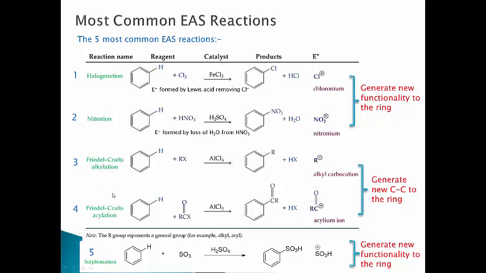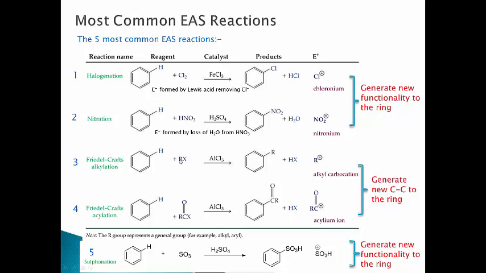So the last two reactions generate new carbon-carbon bonds. They're the Friedel-Crafts reactions, and we've got an alkylation and an acylation. The alkylation is adding an alkyl chain, some sort of carbon chain onto it, and an acylation is adding a ketone carbon chain. So let's have a look at the alkylation first. Our catalyst in the Friedel-Crafts is AlCl3, aluminium chloride, and then the group that we're adding on usually has a chlorine or some sort of halogen attached.